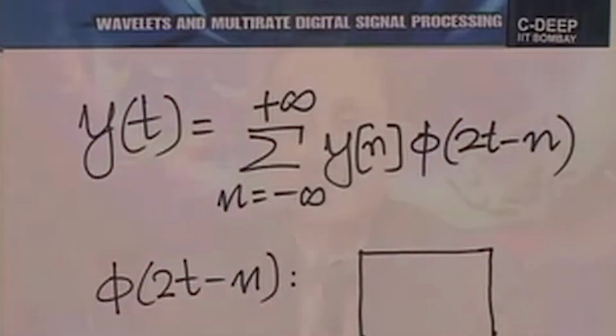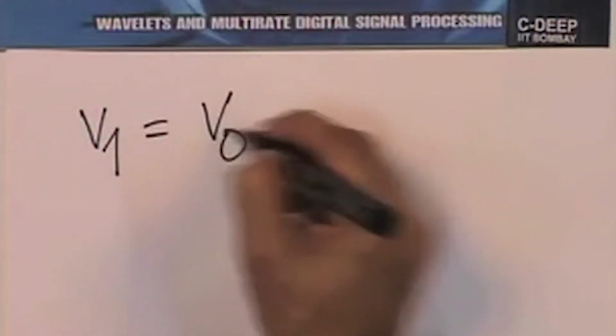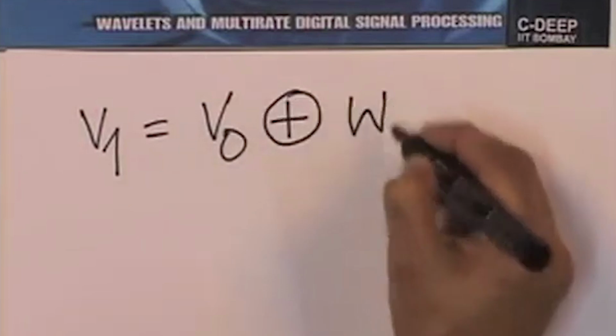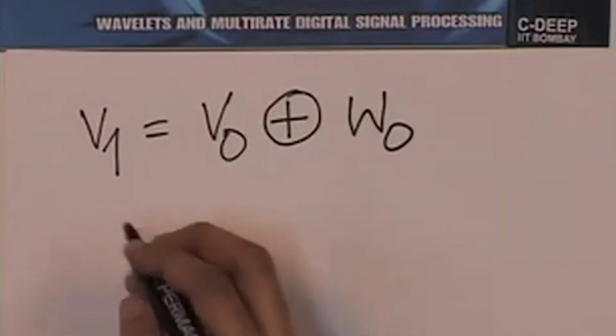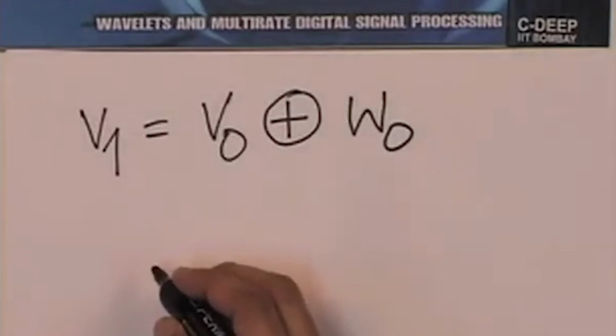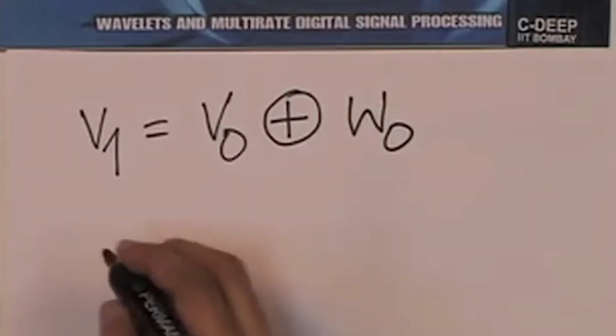Continuing on this, we must now do exactly what we did. We put down a scheme yesterday for going from the function in V1 to its components in V0 and W0. So, we said we could make an orthogonal decomposition of V1. We said we could write V1 as V0 plus, that is orthogonal sum, W0, and both V0 and W0 could be defined on the standard unit intervals.